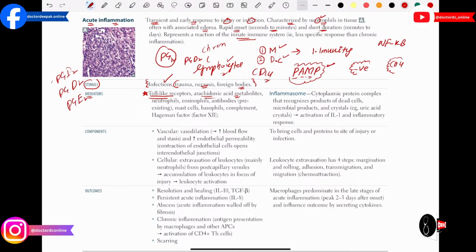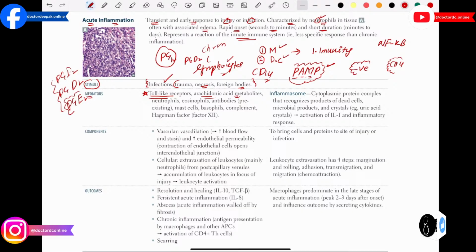Then, also very important, they can ask in the exam: in inflammation we have pain and fever, so what kind of prostaglandin is involved? Prostaglandin E2 mediates the pain and fever in inflammation. These are the important points you have to remember.